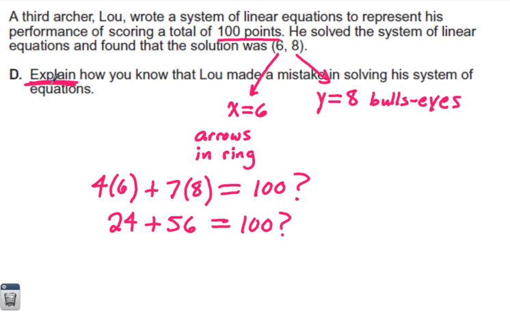And when you calculate the points that would get Lou at 4 points apiece and 7 points apiece, it would not total 100.